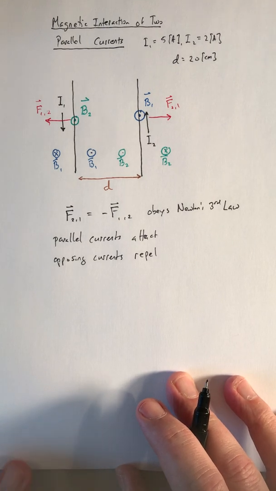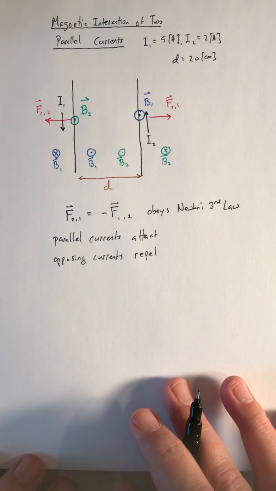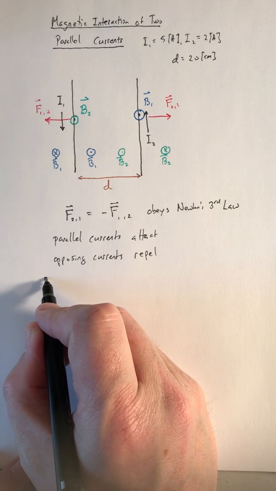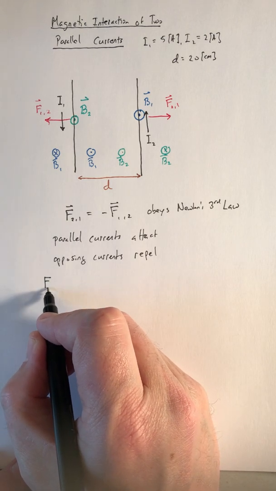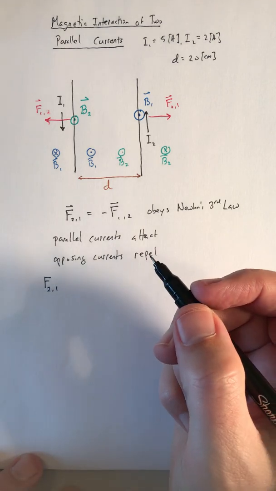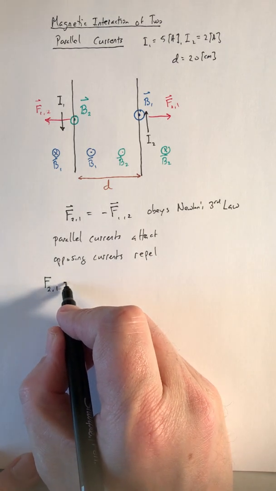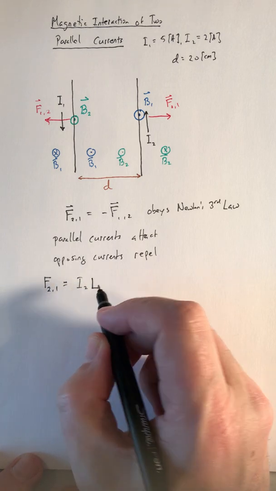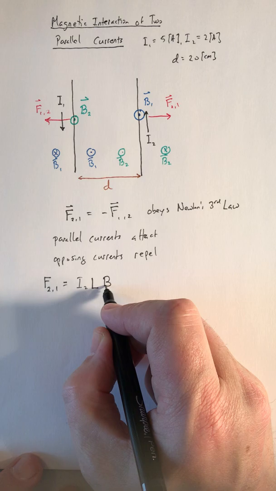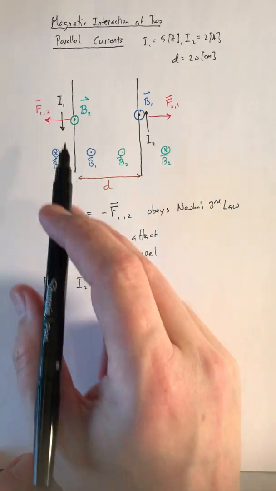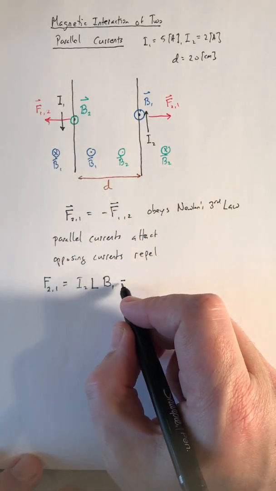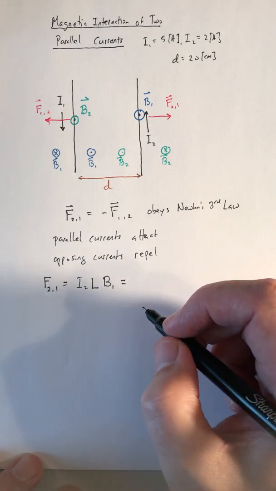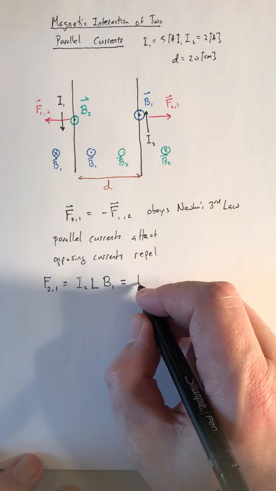All right, now let's look at the magnitude of things. The force on current 2 due to magnetic field 1 is going to be I2L times B1, and this is a long straight wire, so we know what its expression for its magnetic field is.